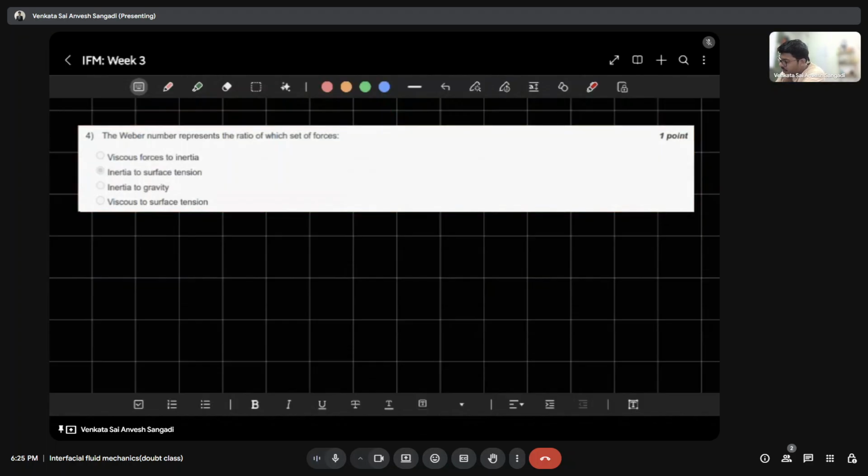The Weber number represents the ratio of which set of forces?